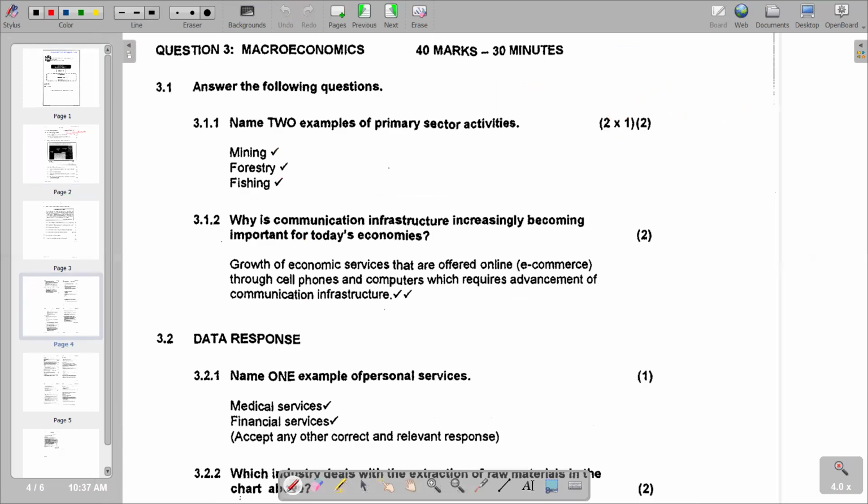We see that this is why communication infrastructure is increasingly becoming important for today's economies: growth of economic services that are offered online, that is e-commerce through cell phones and computers, which requires advancement of communication infrastructure. So basically, the advancement that is taking place in the interactions becomes the infrastructure. So this is what we have in terms of 3.1.2.